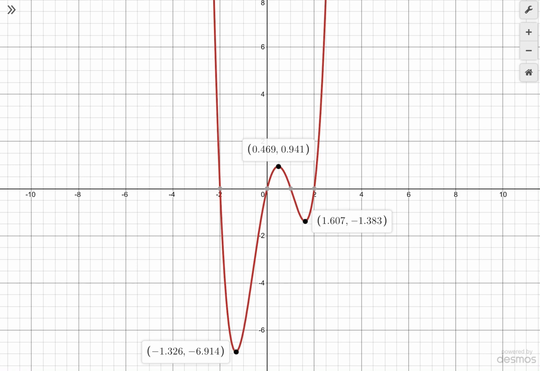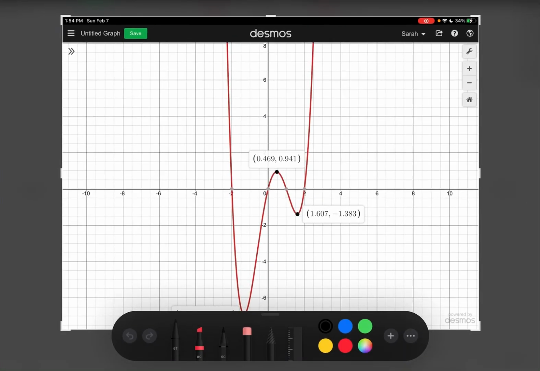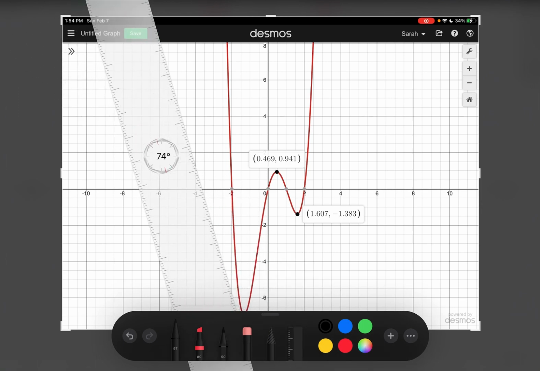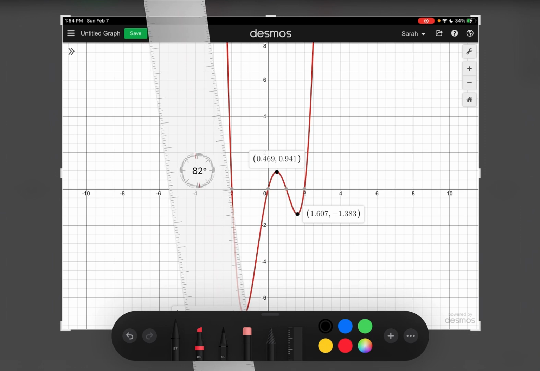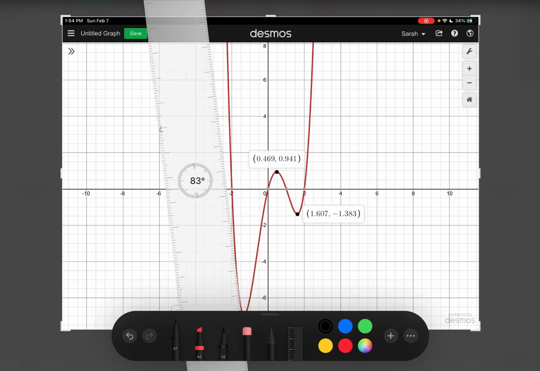So that's what's meant by decreasing and increasing. One thing that you can use to help yourself visualize this is, if you look at this graph and imagine that you had a tangent line to this point right here, a tangent line being a line that touches the graph at only one point.